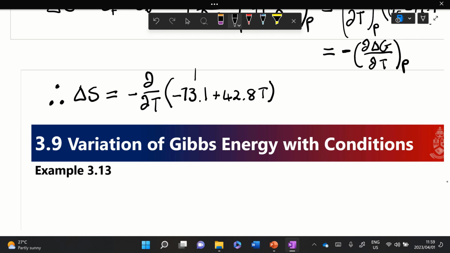This thing becomes 0, because there's no T there. And the other term is a number times T, so that becomes dt dt, which just becomes 1. So it's 1 times 42.8. Eventually we're left with minus 42.8.